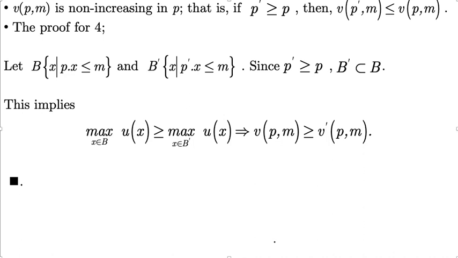Now I want to show you the proof for number 4. I did mention that the indirect utility function is non-increasing in P or price. Yeah. So this is another monotonicity character of indirect utility function. So let's say we have two different prices. The first one is P prime, the second one is P. Okay, the vector of prices.